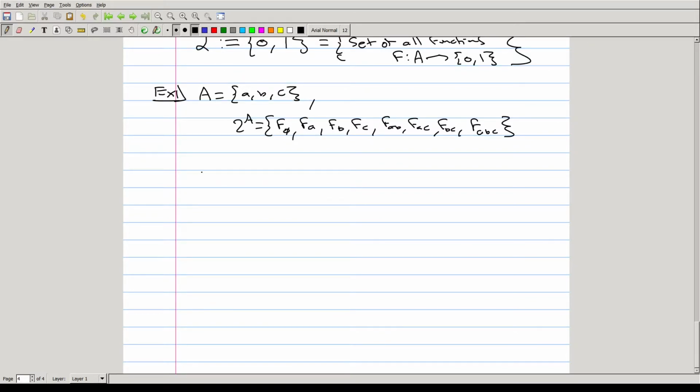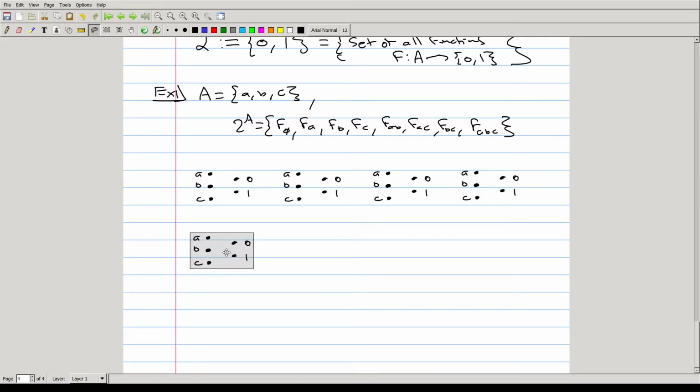Each of these functions can be described as follows. We know that we're going to have 8 of these functions by basic counting.